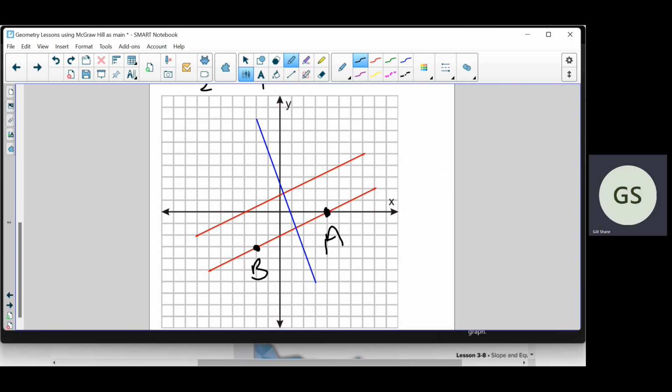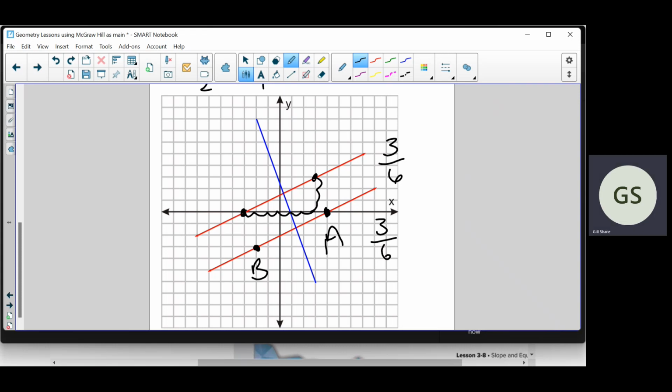If I go from this point here to this point here, I want to make sure I pick points that are going through corners. 1, 2, 3, 4, 5, 6. 1, 2, 3. So I have the same rise and the same run, 3/6. So if I have the same slope, that's 1/2 and 1/2, then the lines are parallel. Same slope means the two lines are parallel.